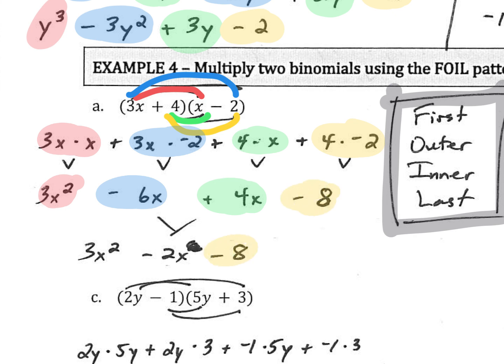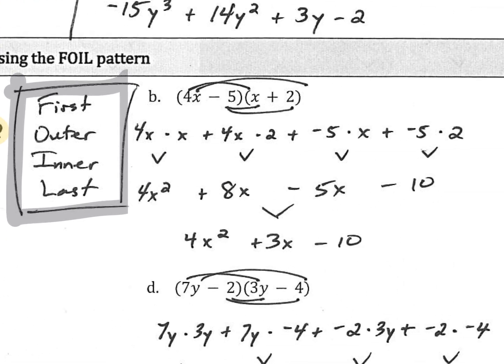Now the terms on the outside, we don't have anything to combine with. But we do combine negative 6x and positive 4x. Negative 6 and 4 combine to be negative 2. So again, this is just another method in addition to the table method.